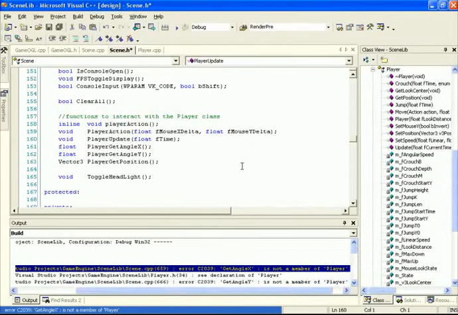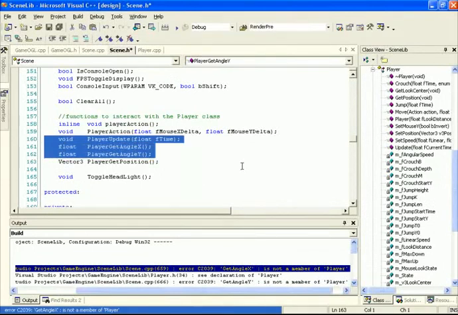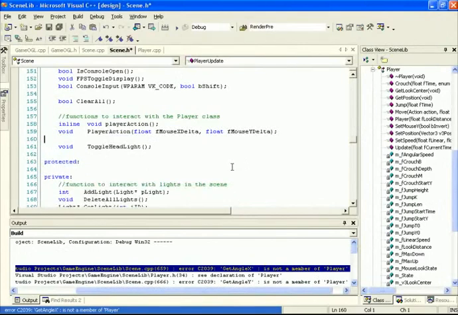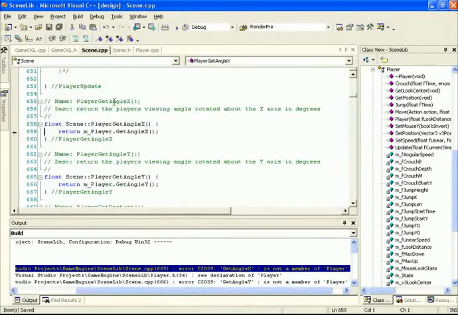Player update we're not going to need. Get angle x, get angle y, and get player position are now no longer needed because if we need that information, we can get it directly from within m_player. After changing that, we need to also go into our scene and delete the functions that are in here.